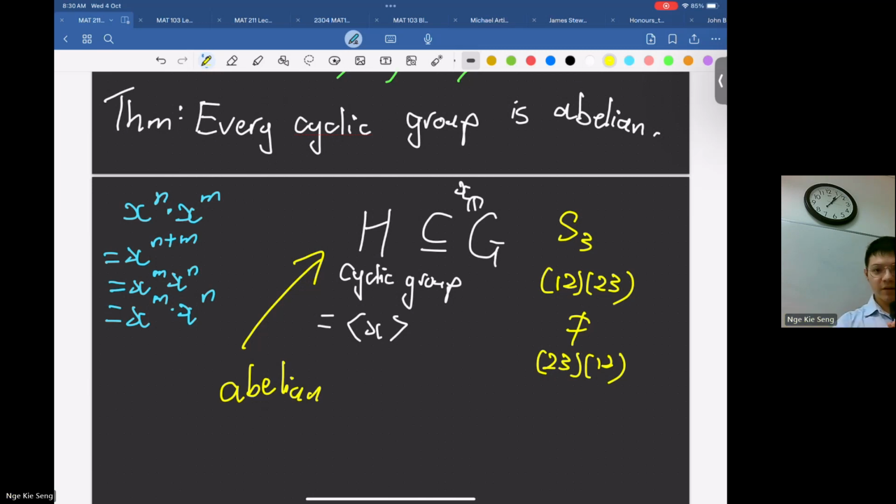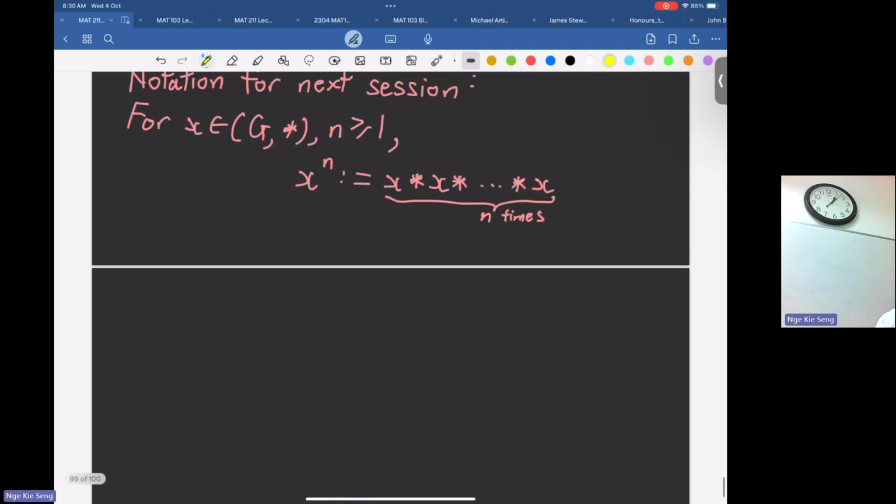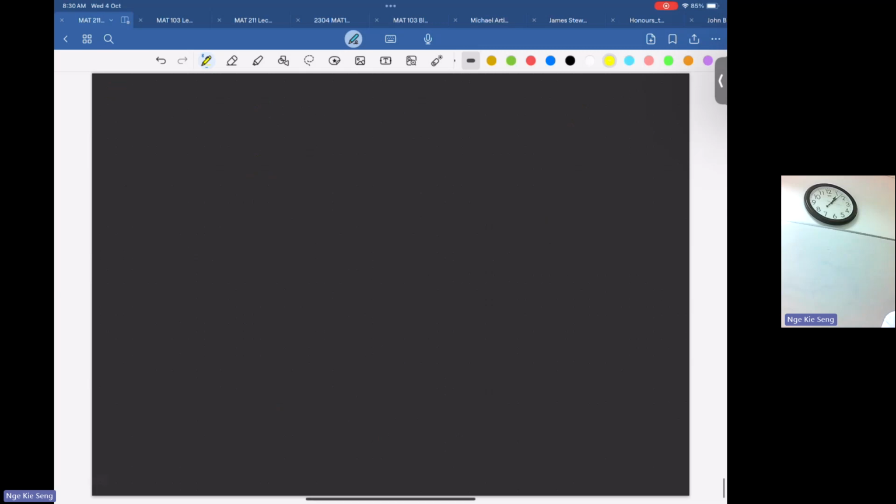So let's continue with today's job. We continue with this cyclic group business. The next property: how about a subgroup of a cyclic group? How does it look?